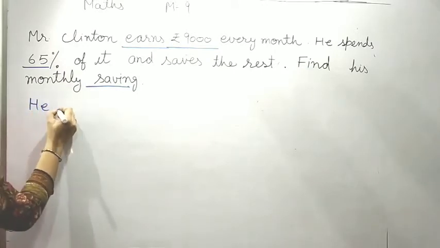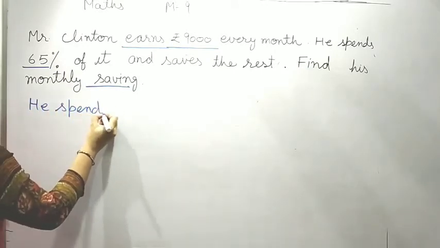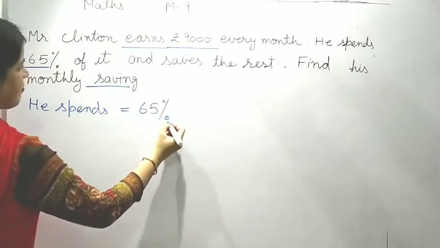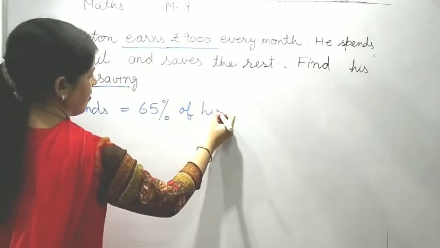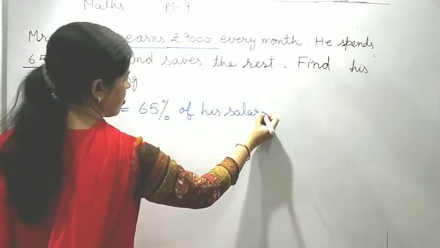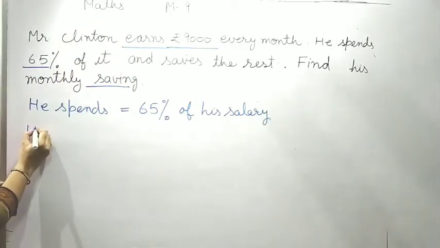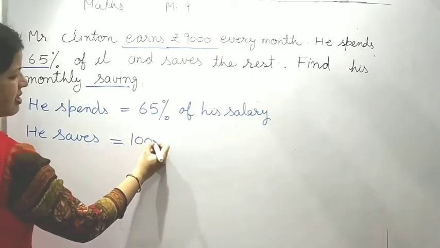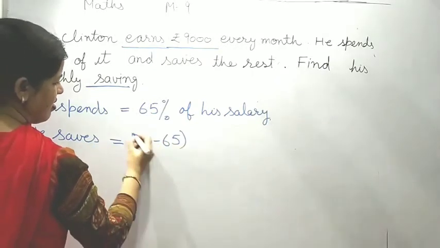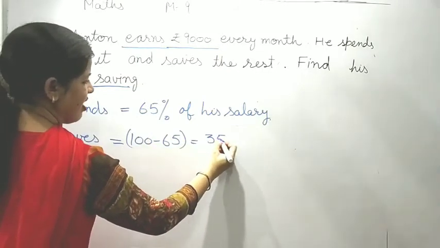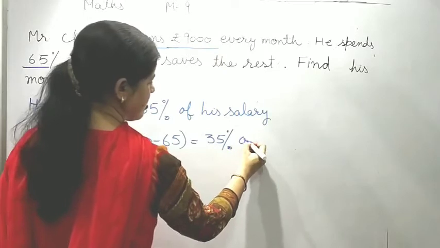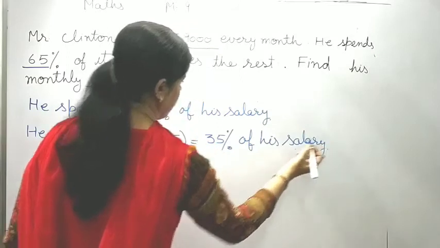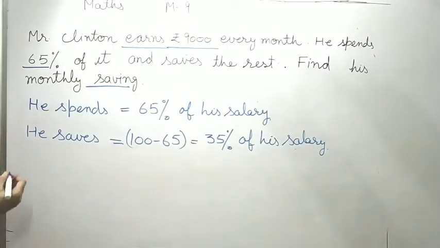Just see here. He spends 65% of his earning, his salary. He saves is equal to 100 minus 65, because total is 100, so we subtract it from 100, and this is equivalent to 35% of his salary. So now we calculate 35% of his salary.